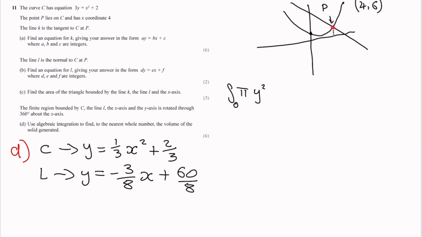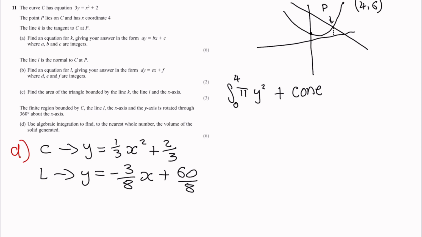So we know x is 4 at that point because that point is P, plus the area of this bit, which if it's rotated around the x-axis will be a cone. So plus the cone between an x value of 4 and wherever this crosses, which we have found previously is actually 20. We found that when we found the area of the triangle.